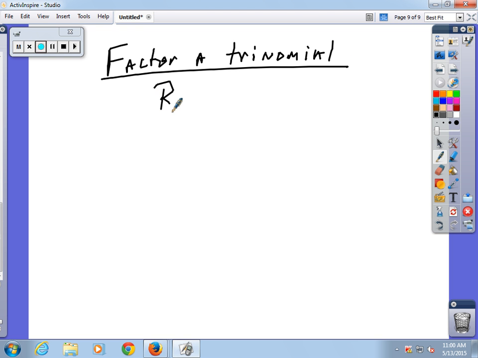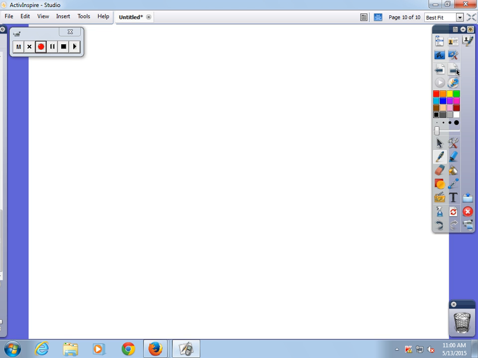All of them are basically the reverse FOIL method. Now, in order to do the reverse FOIL method, you have to be very good at the what? FOIL method. That's multiplication. Because the opposite of division is multiplication. So let's go back. Let's take a minute and let's go over the FOIL method.